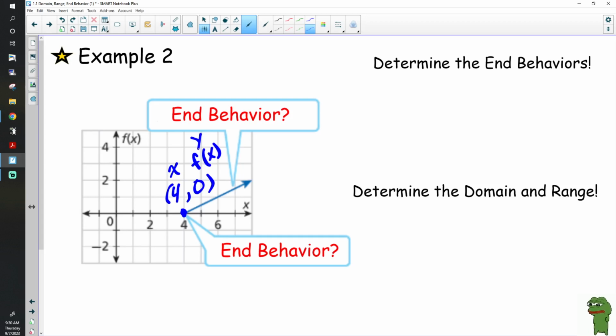But when we're specifically talking about a function, mathematicians just decided that instead of using the term y, we're going to use the term f of x, because f of x means if you put the x value inside of a function, this is what you get. But we just grow up always calling it y until we get to algebra 2. But just know when I say f of x or y, it's the same thing.